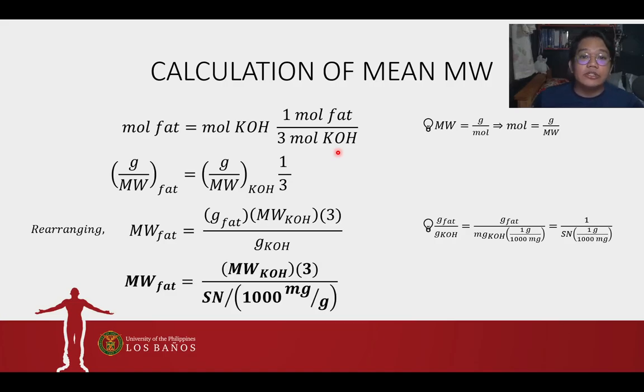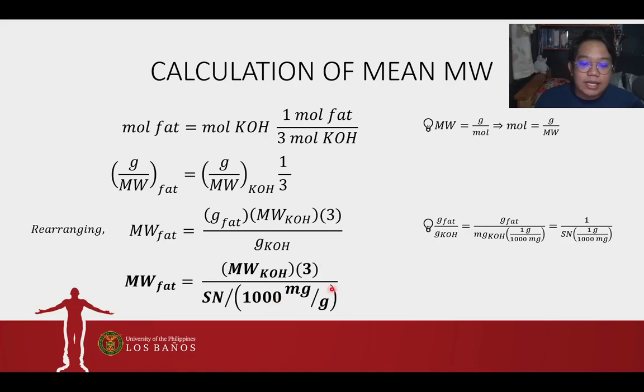Tapos, hindi naman natin sure if magkakaparehas ba yung fatty acid attached to your glycerol. That's why, mean molecular weight yung kinocompute natin. Hindi kasi siya distinctive. So, bakit kaya ito may 1,000 mg per gram na conversion factor? Kasi ang ating saponification number ay milligram ng KOH over gram of fat.